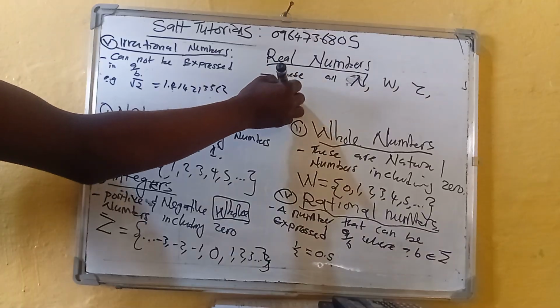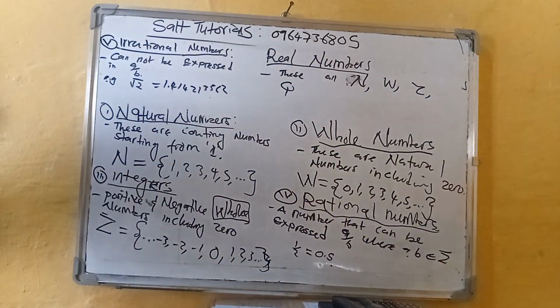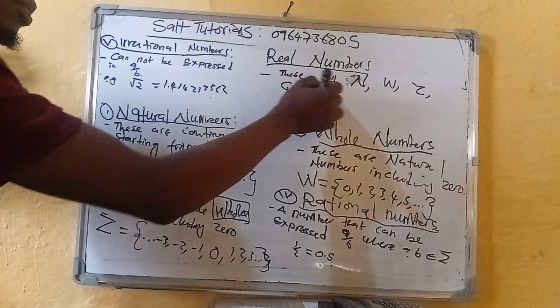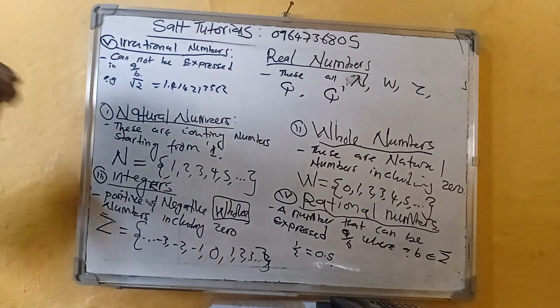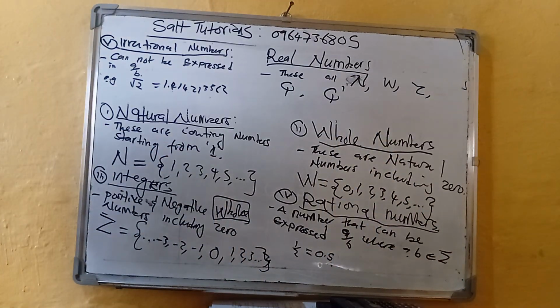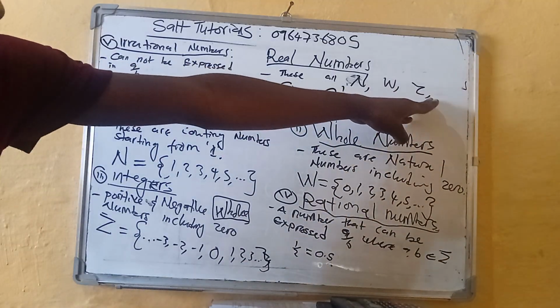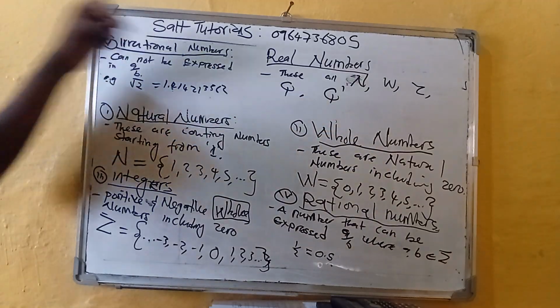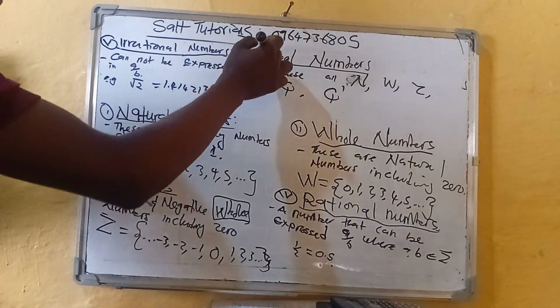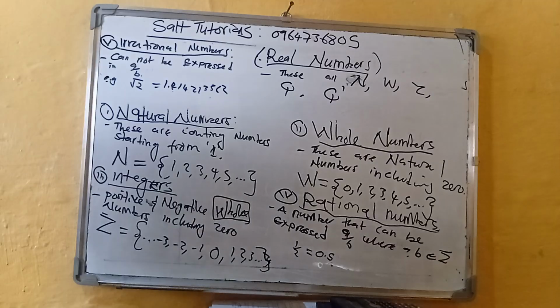Rational is denoted by the capital letter Q. For irrational numbers, we can have Q with a bar, implying the complement. So a collection of all natural numbers, whole numbers, integers, rational and irrational numbers will make up the real number values.